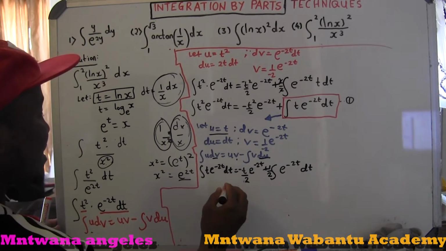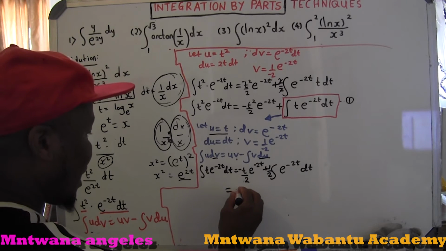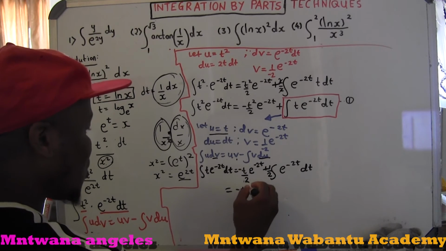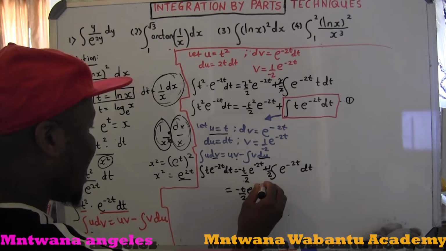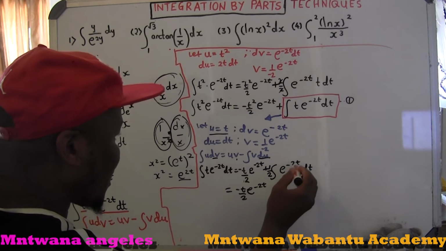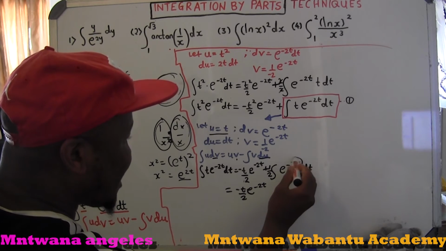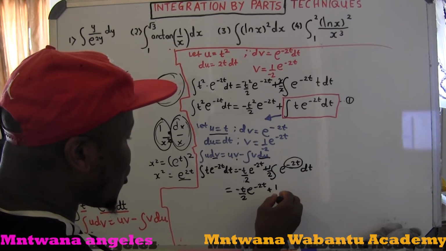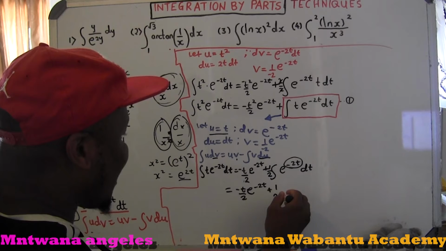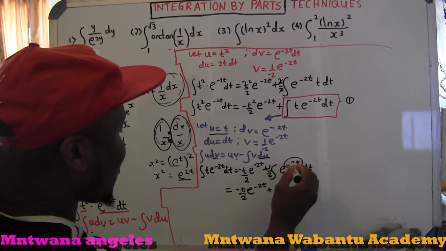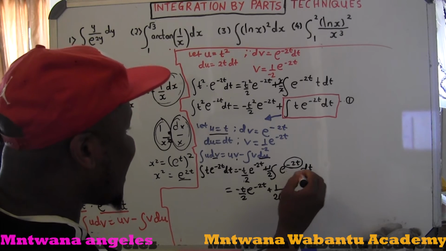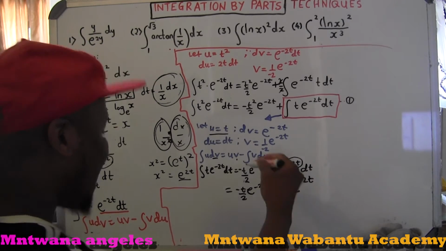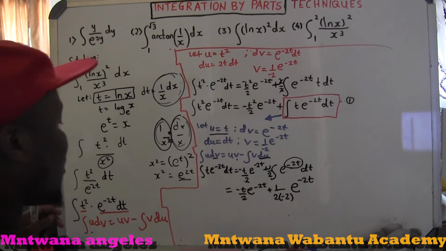Okay, so now this is negative t over 2 e^(-2t), and we almost finished. When you integrate this, I'm going to find the derivative of whatever I have. There's going to be 1 over 2 times the derivative, which is going to give us negative 2, the derivative of what you have there, and then you write exactly e^(-2t). The integral falls away.